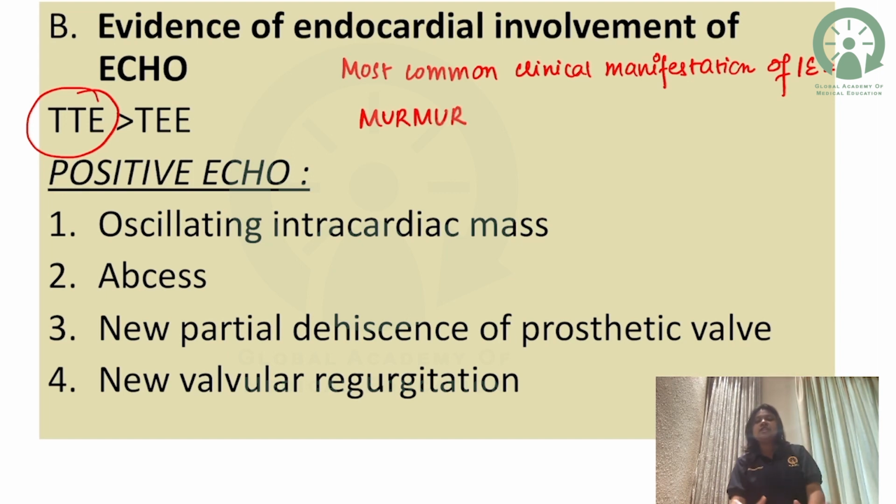So usually it's a new onset murmur, new valvular regurgitation. Okay. So if it is the most common symptom that you can get in infective endocarditis, the answer will be fever. And the second most sign or symptom in case of infective endocarditis will be splenomegaly.